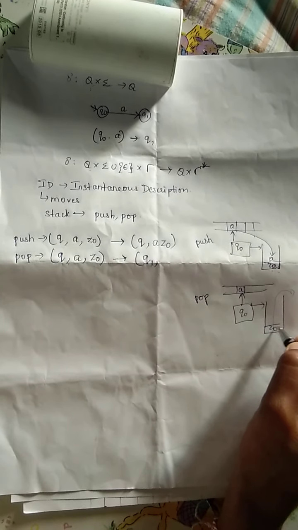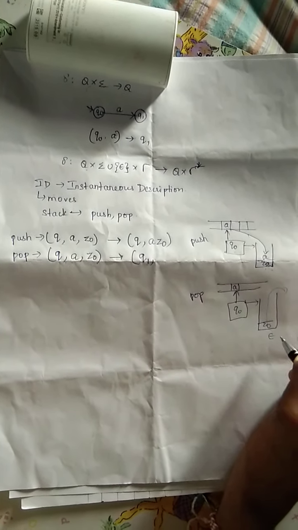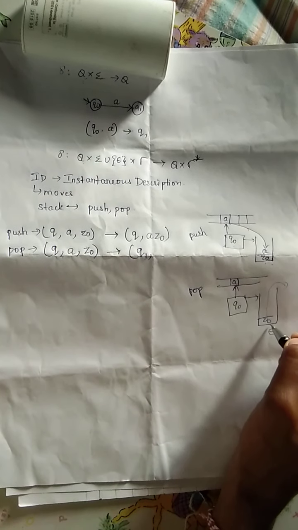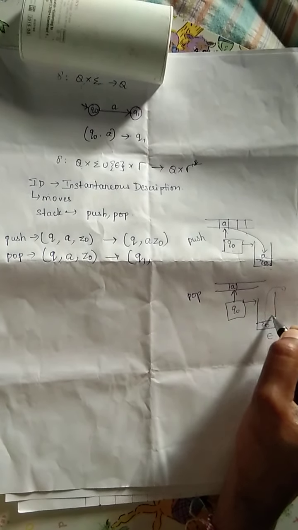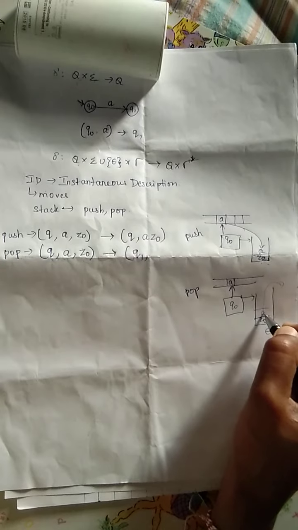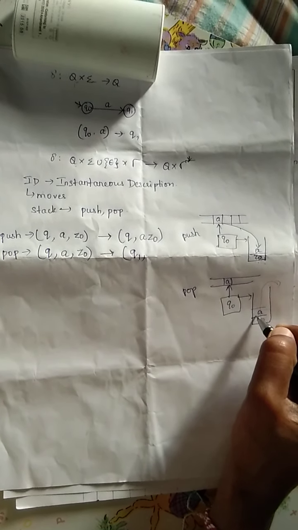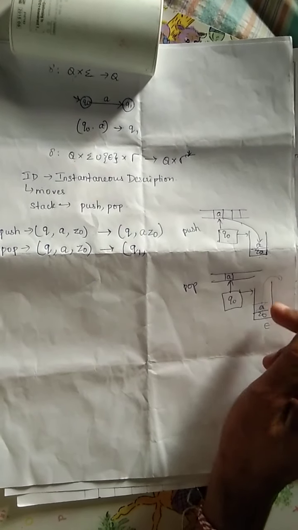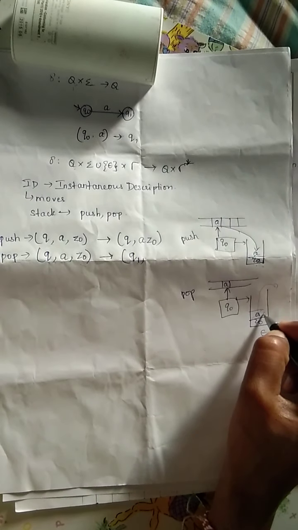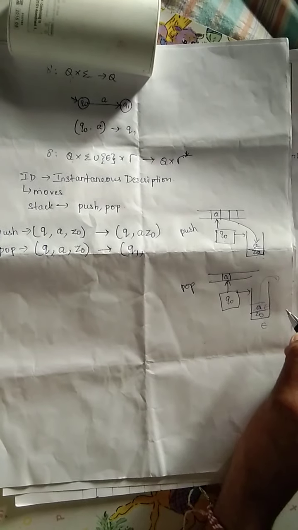How do we represent that? With the epsilon symbol. If you want to remove or pop the symbol from the stack, assume that a stack consists of the symbol a. I want to remove this symbol. If you remove it, this place is empty, and that is represented with the epsilon symbol. What is epsilon here? Null only.